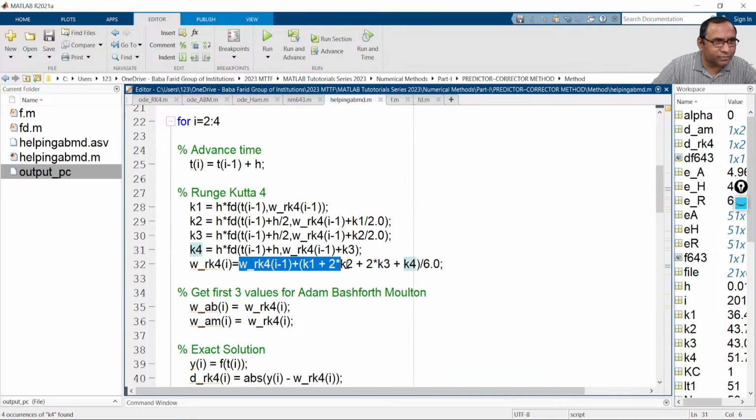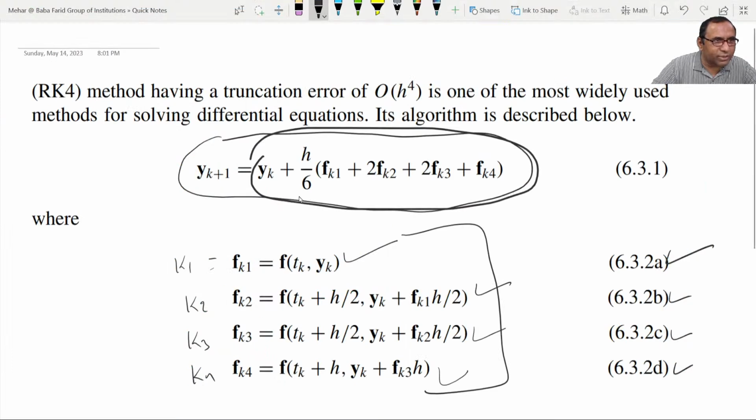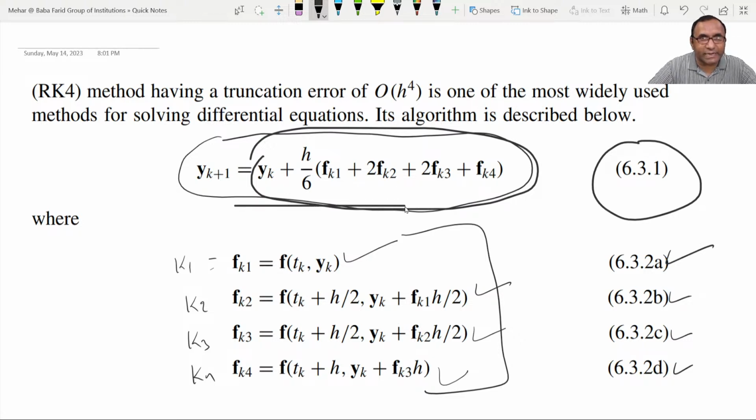So this is just the notation for Runge-Kutta fourth order. Okay. So here this is the latest final value, which will be given by the equation which I have shown here, equation number 6.3.1. Note this equation very carefully, and along with it you need to understand the syntax in MATLAB.